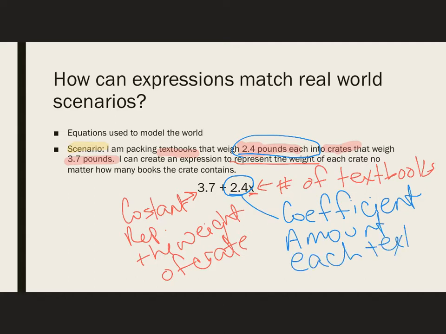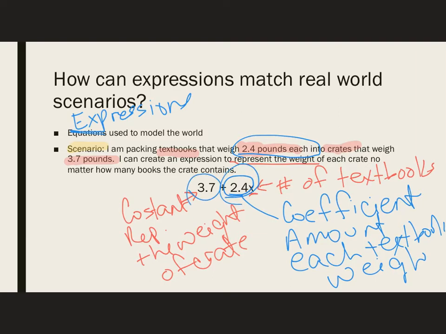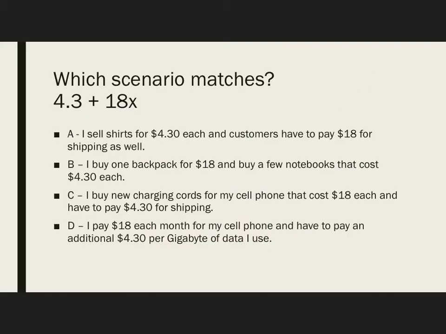So we see how this models, and of course this shouldn't be equations, it should be expressions. This models this situation. I'm packing textbooks that weigh 2.4 pounds each into crates that weigh 3.7 pounds. Okay?